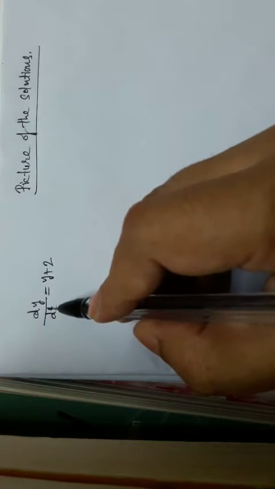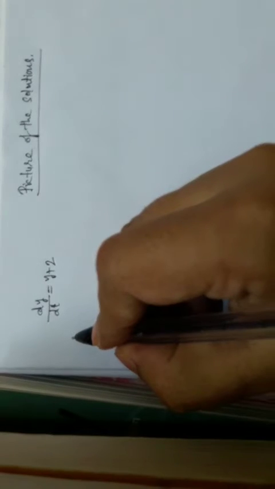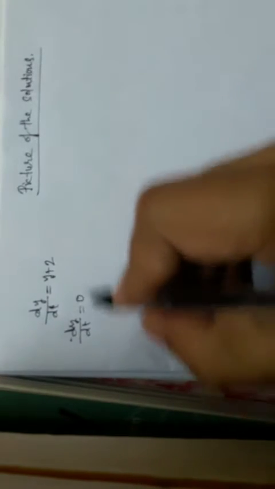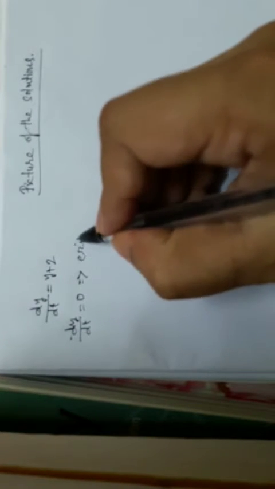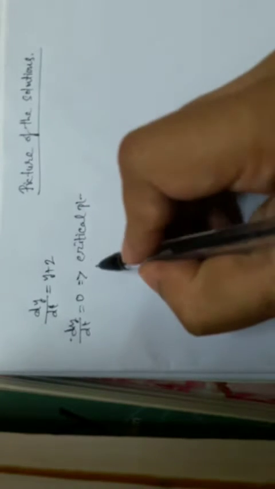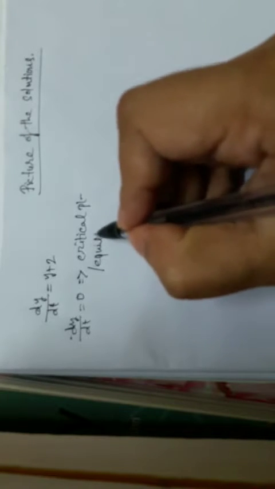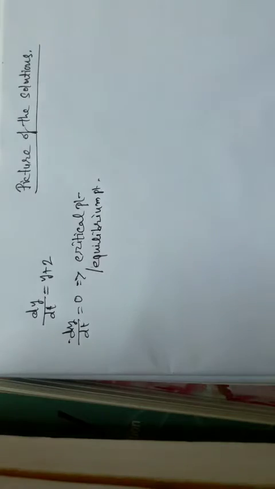So we have taken dy/dt is equal to y plus 2, and by equating dy/dt to 0, this leads to the critical point or equilibrium point.